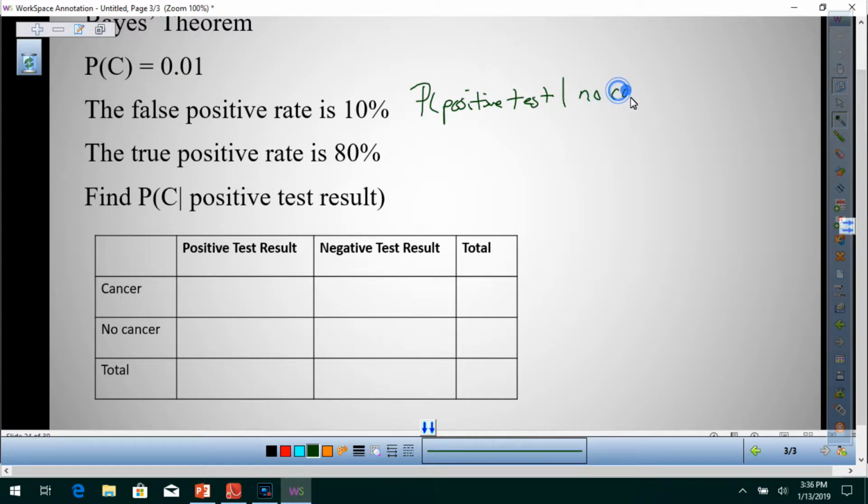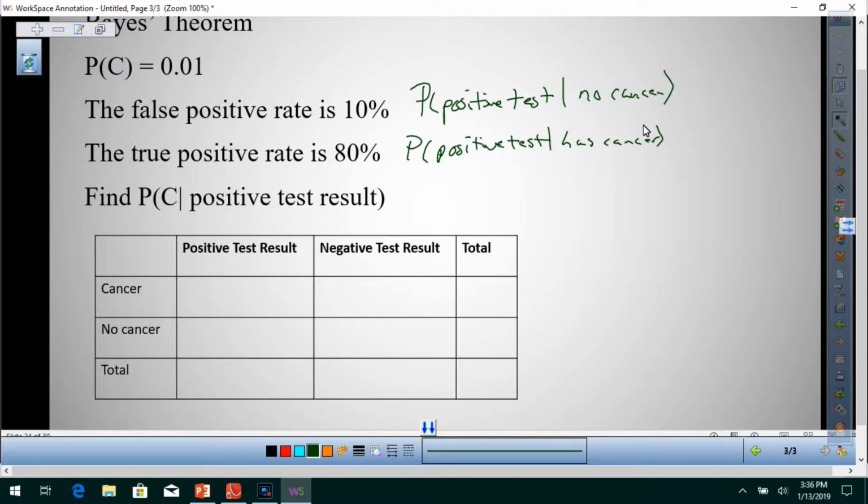And then the true positive rate is 80%, and that would be the probability of a positive test result given has cancer. All right. Now, what we want to find is cancer given a positive test result.